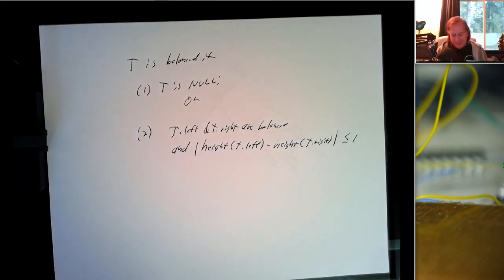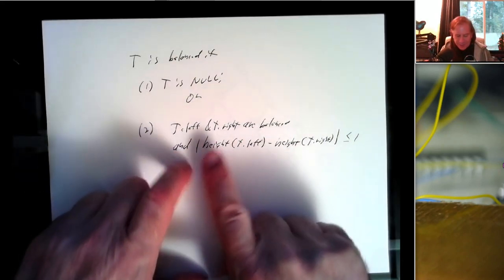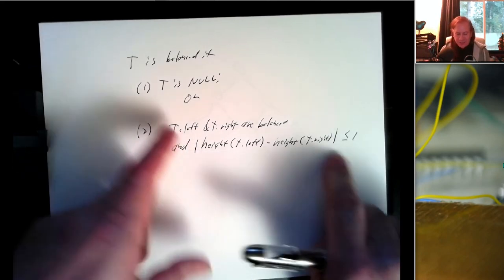So that's our definition of a balanced tree. The left and right subtrees have to be balanced and close to each other in height, or the tree has to be null.